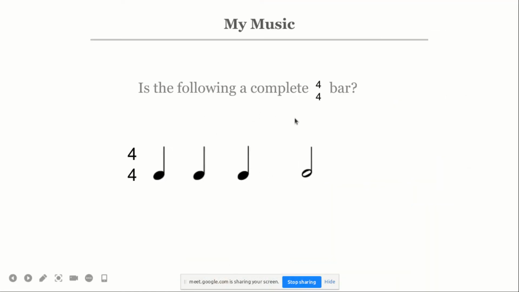Is this a complete or a correct 4-4 bar? Kindly count and tell me if this is a 4-4 bar. Yes, it is. How? Count and tell me. 4-4 means?